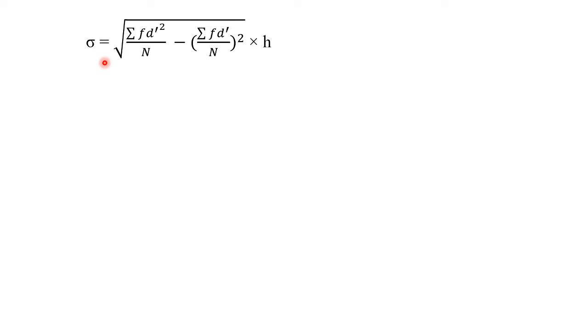Then we have the formula that standard deviation sigma is equal to under root summation of f into d dash square divided by capital N minus summation of f into d dash divided by N, bracket square, into h. Put these values in this formula.